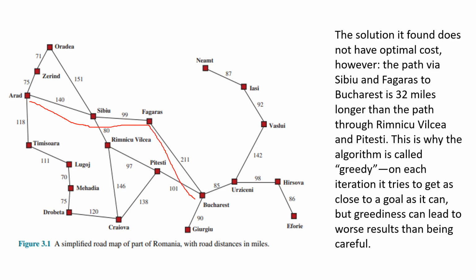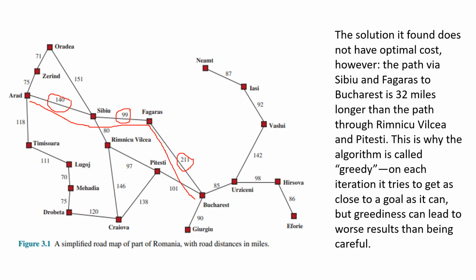Although it reaches the goal quickly, the path selected via Sibiu, Fagaras, Bucharest is 32 miles longer than the shortest path through Rimnicu Vilcea, Pitesti and Bucharest. Here we can see the actual distance we have to travel is 140 plus 99 plus 211.